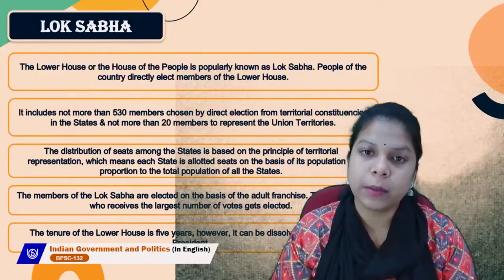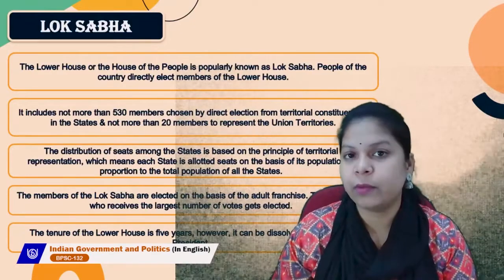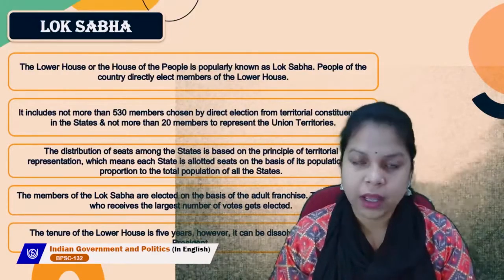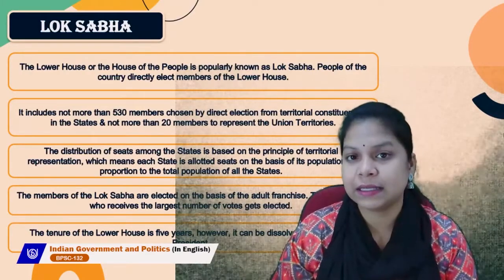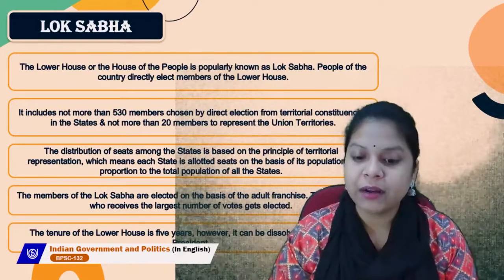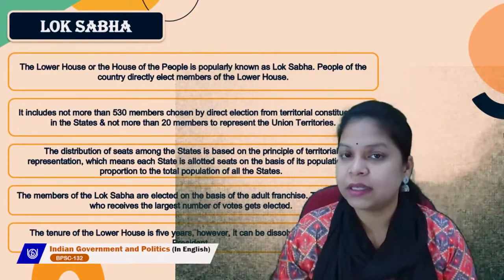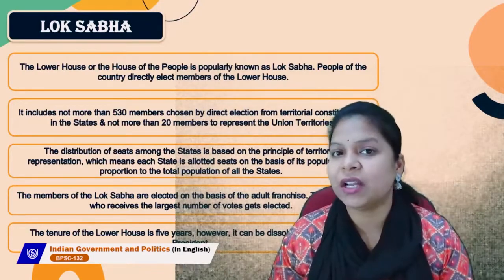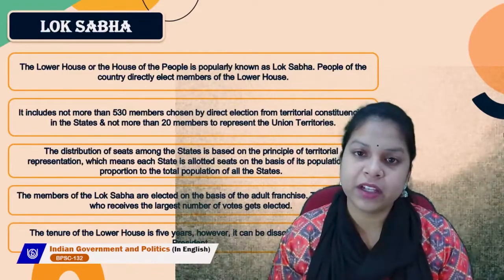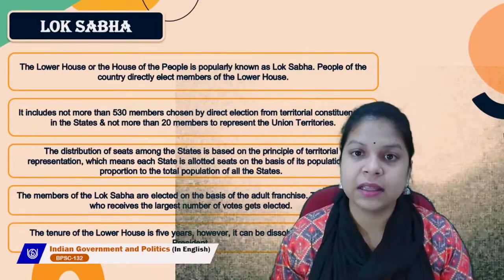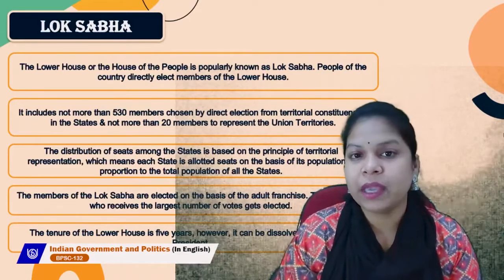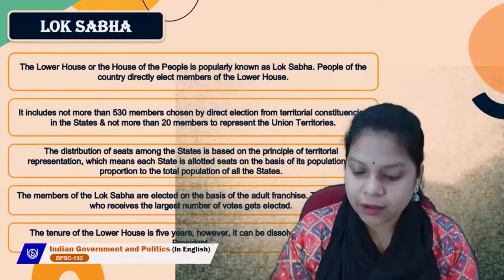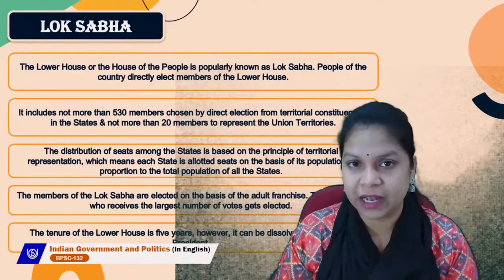So, we have talked about adult franchise, and I will be telling you in brief what it is about. Since independence, Indian citizens were given adult franchise. That means universal adult franchise, that means for each and everyone, irrespective of their gender, class, caste, religion, or geographical location, they will be given voting rights, and all the voting rights are of the same value.